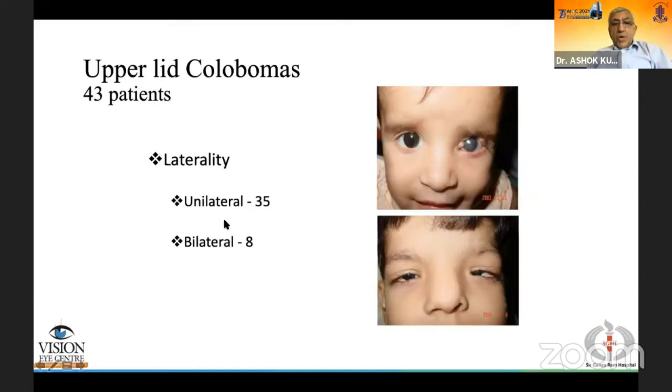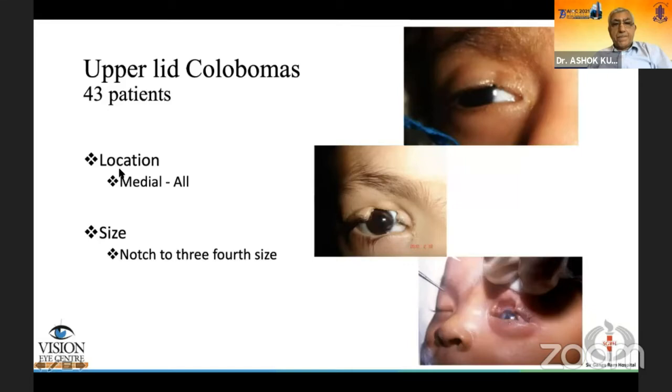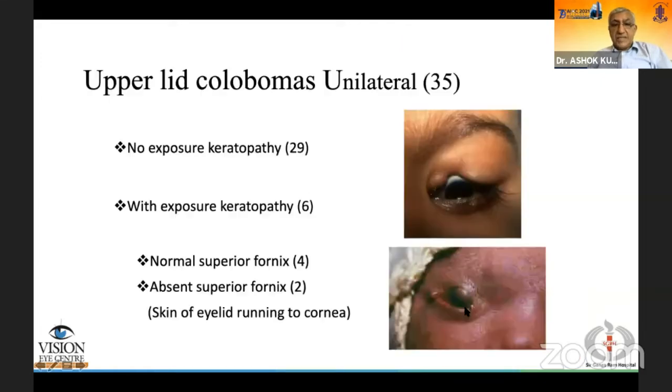The commonest presentation in the upper lid is as a unilateral involvement, and bilateral constitutes only about 15 to 20% of the cases. All of them are located medially, superomedially, and the size may vary from a small notch to huge size, almost involving 3/4 of the lid.